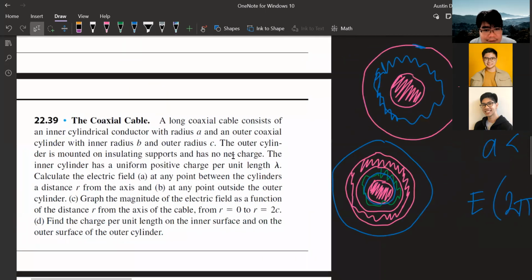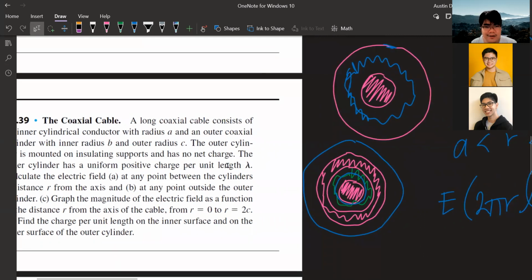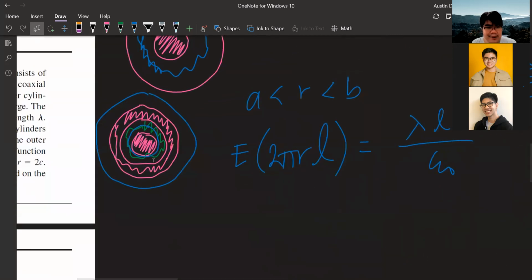Kasi yung outer cylinder mo, sabi dito, wala siyang net charge. So wala siyang dagdag, wala siyang bawas. So, pag nag-enclose ka ng malaking Gaussian surface, yung na-enclose mong charge would be still lambda times length.